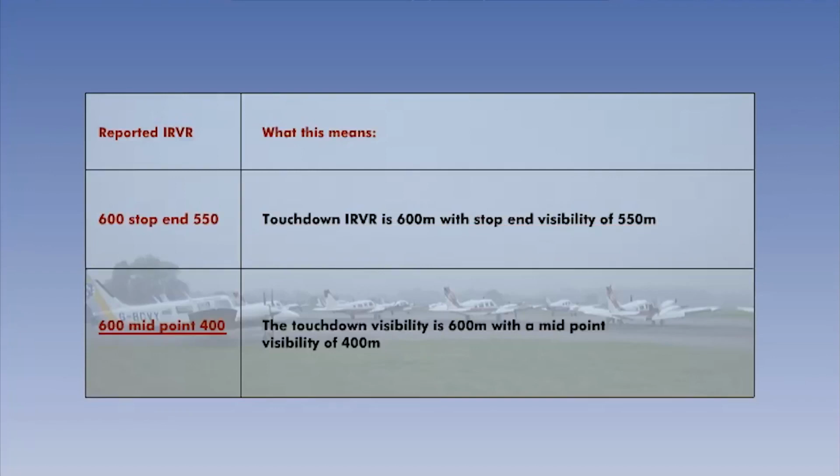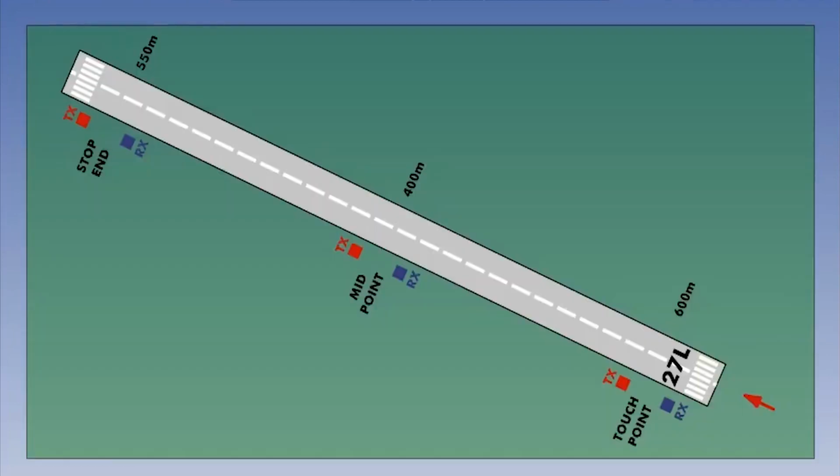Similarly, 600 midpoint 400 again means the touchdown visibility is 600 metres, but this time the midpoint visibility is 400 metres.